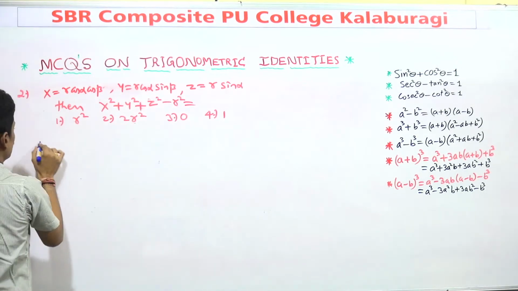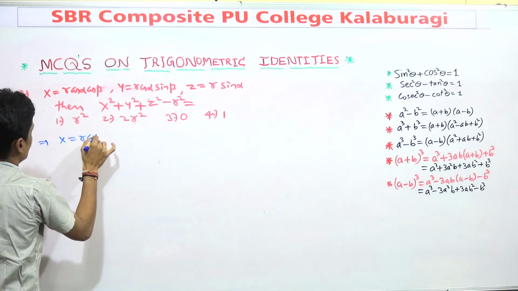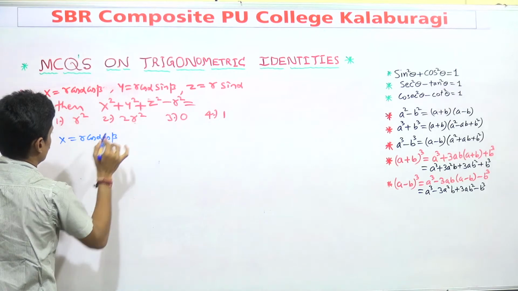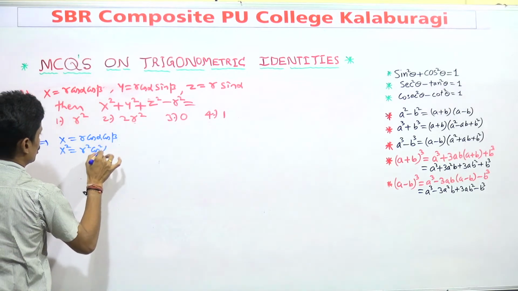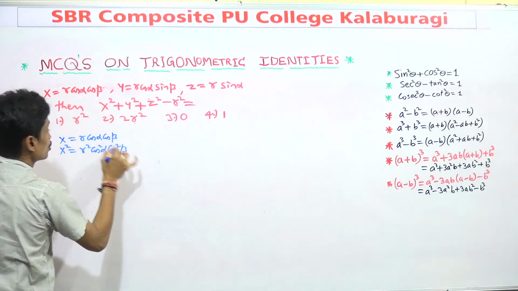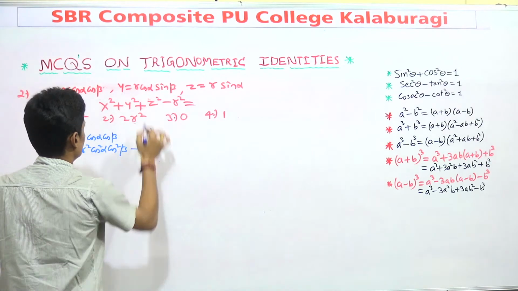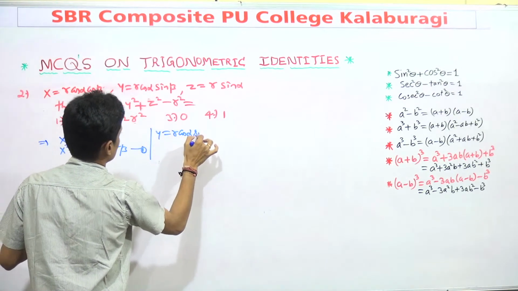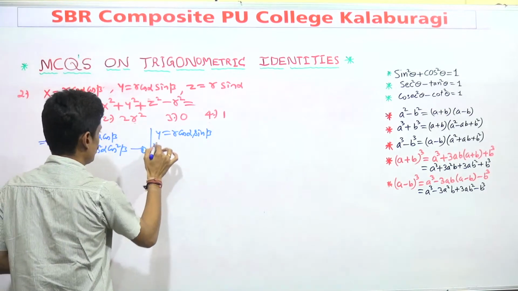Okay. Now, once I choose this x equal to r cos alpha cos beta, x square equal to r square cos square alpha into cos square beta. Now, this is equation 1. Second one is y equal to r cos alpha sin beta. So what is the value of this?